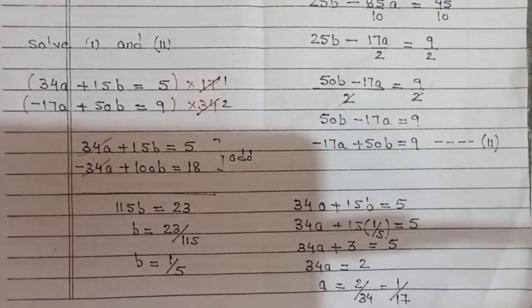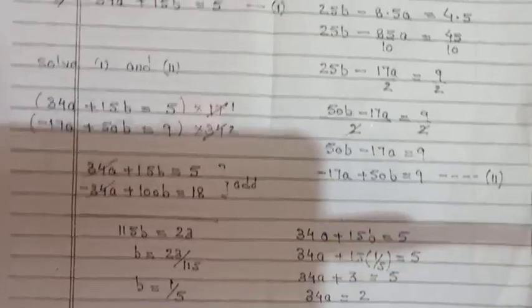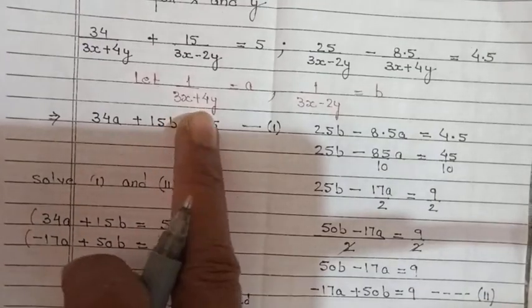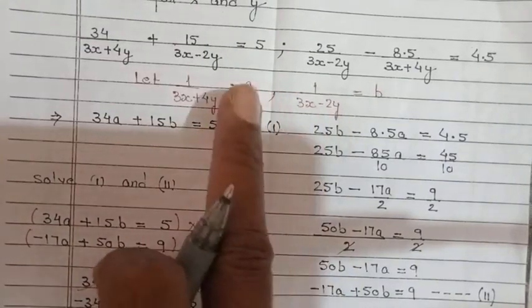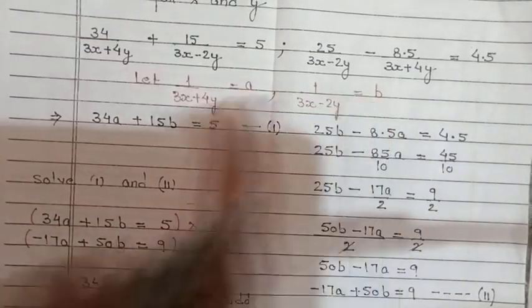So here we have got the values of the two variables a and b, but we need the values of x and y. So what we will do now is take our substitutions. In these substitutions, you will substitute the values of a and b. Our first substitution was 1 upon 3x plus 4y is equal to a, right?